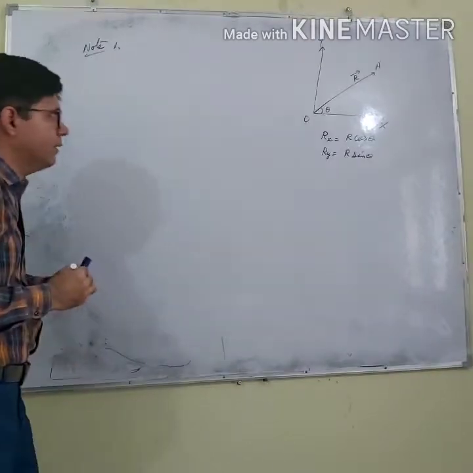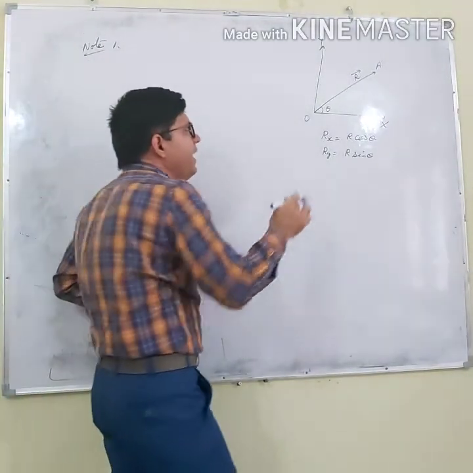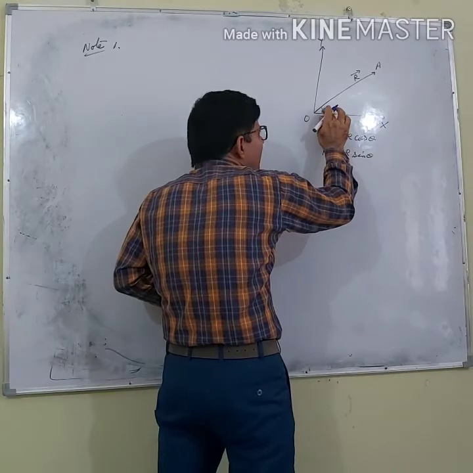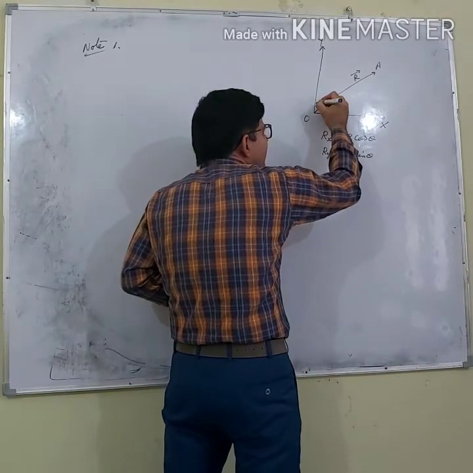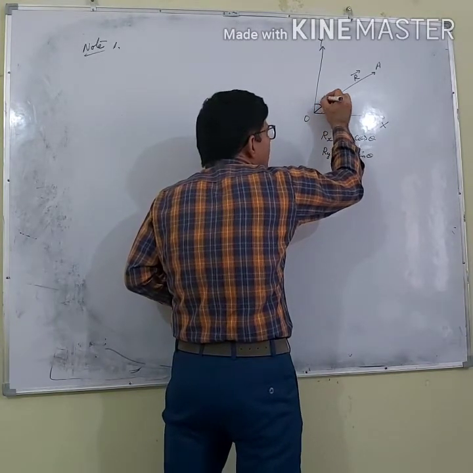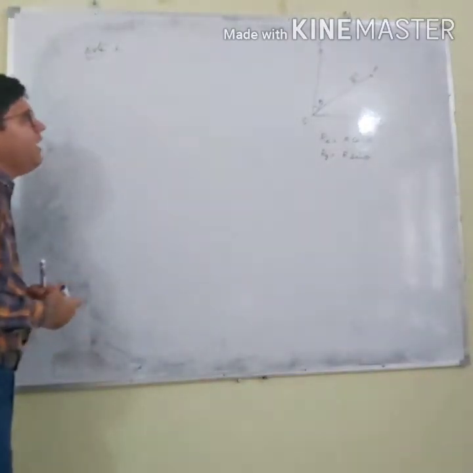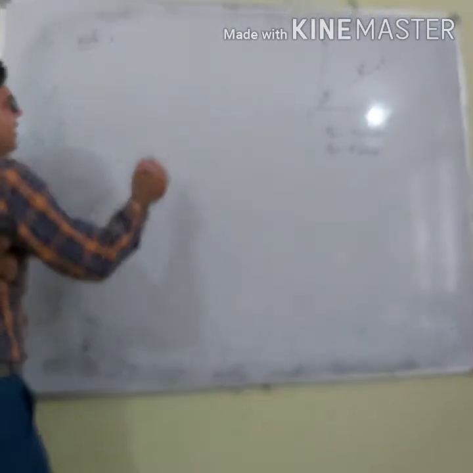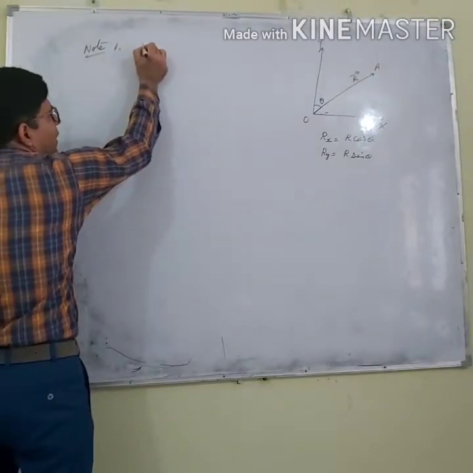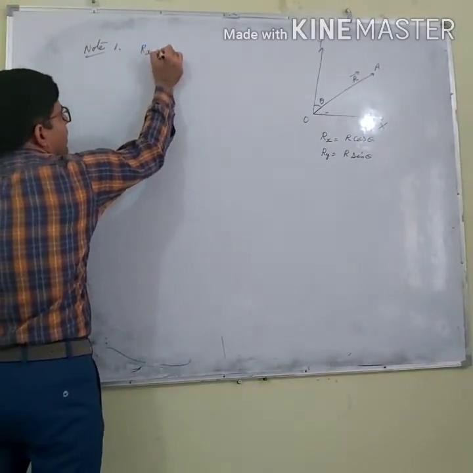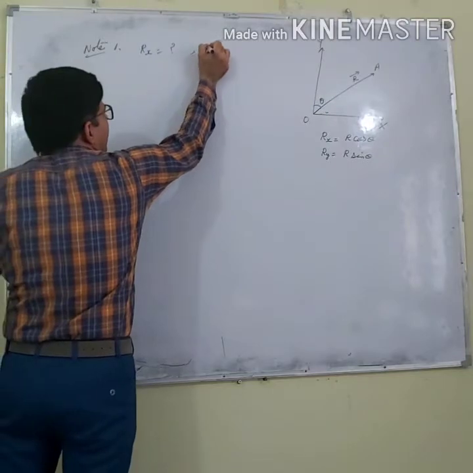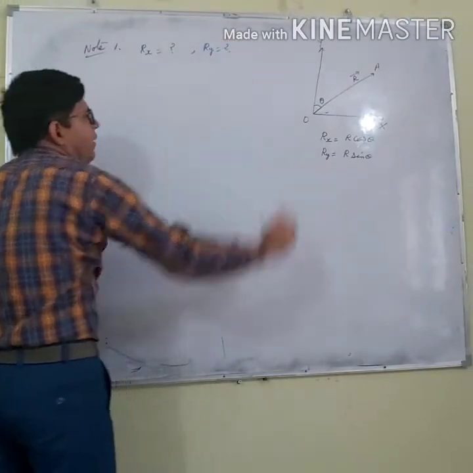This we have done. But if theta is the angle which vector R is making with the y-axis, then what will happen in this case? What is Rx and what is Ry? Very simple.